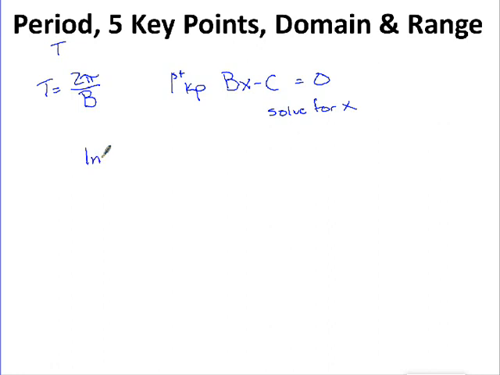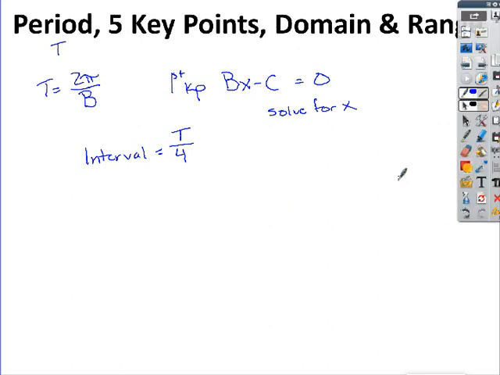Then we're going to find something called the interval. The interval is just the period, T, divided by 4. Every time I want another key point, I'm just going to add this interval so that my points are evenly spaced out over the period of the graph.